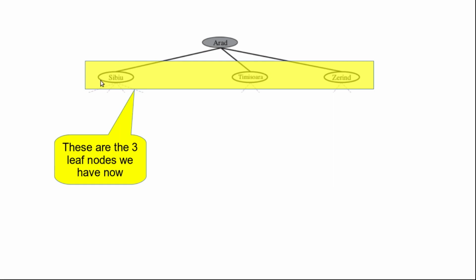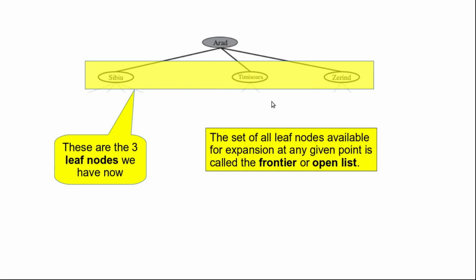And here we have 3 leaf nodes. So what is a leaf node? Leaf nodes are those which don't have children. So Arad is not a leaf node because it has 3 children, whereas Sibiu, Timisoara, and Zerind are leaf nodes because they don't have children. The set of all leaf nodes available for expansion at any given point is called the frontier or open list.